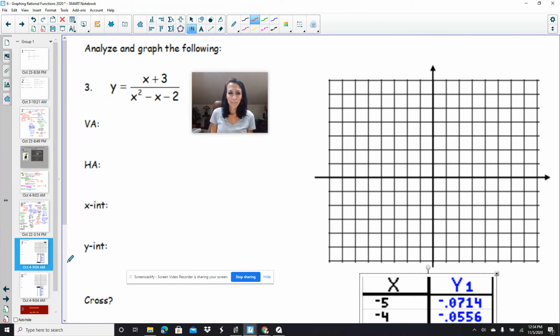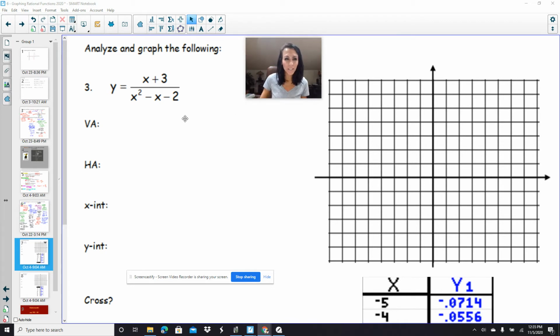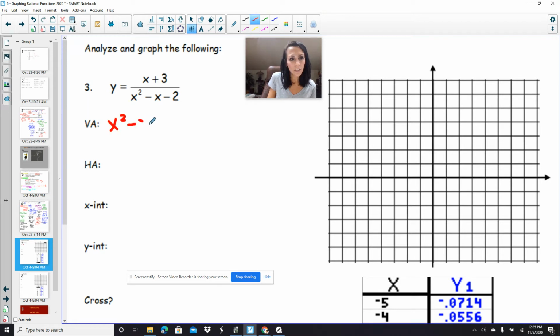Analyze and graph the following. So calculator warmed up, ready to go. You can begin by typing that into y equals in your calculator, and let's get this party started. VA, vertical asymptote: denominator equal to 0.